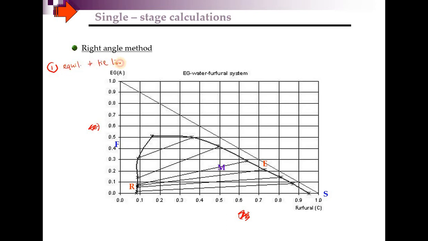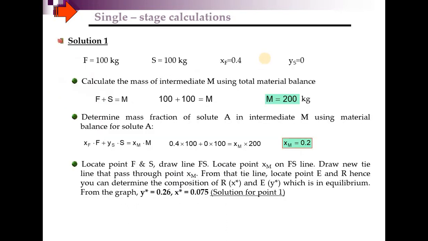This is the basic before you proceed with the graphical method. Next, you locate the point feed, which is L naught, and the solvent, which is V2. Here it is denoted as F, which is the feed, and V2 is the solvent. Feed and solvent.